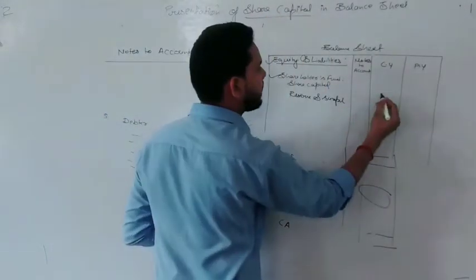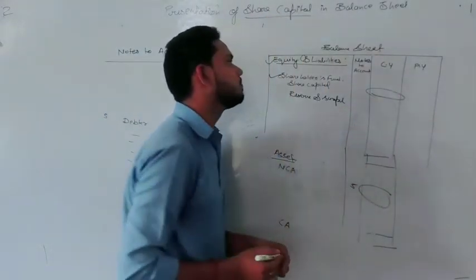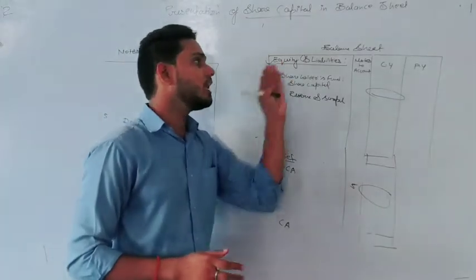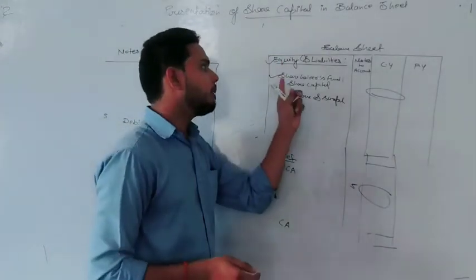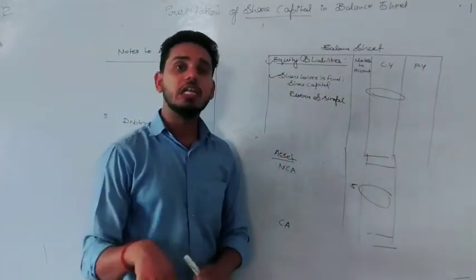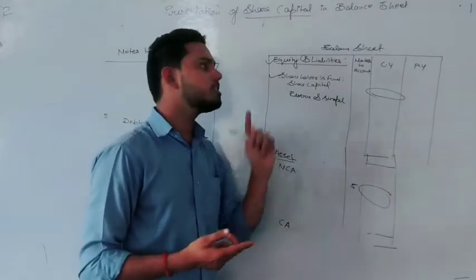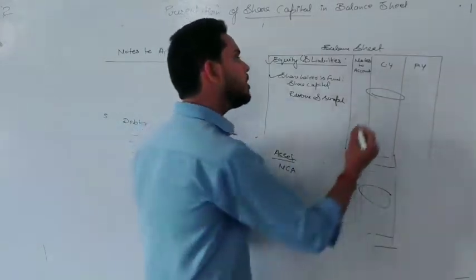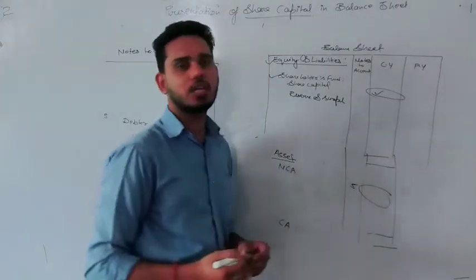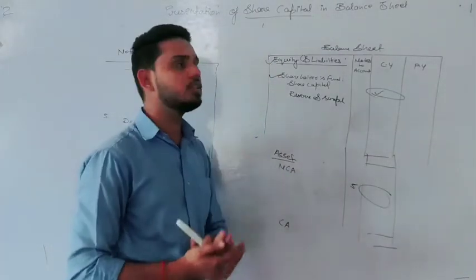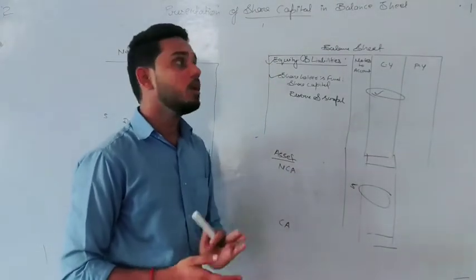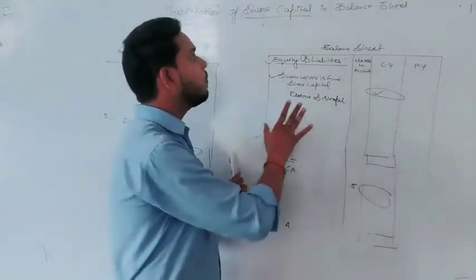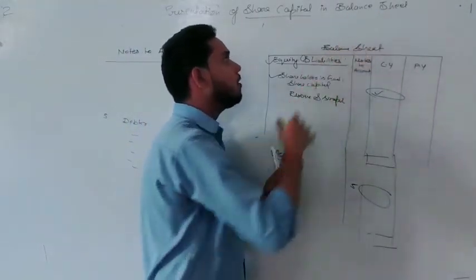This is where share capital is shown. Means on the equity and liability side, in the major head shareholder fund, there is a subhead which is share capital. So here we will write the amount of share capital. I hope till here things are clear. Now I hope it is clear to you what is the pro forma balance sheet.